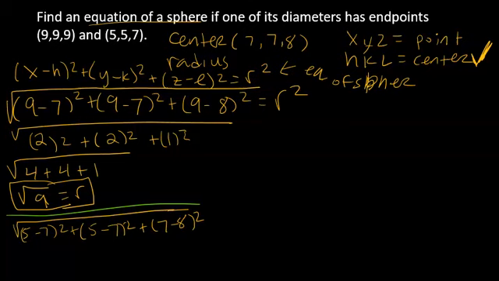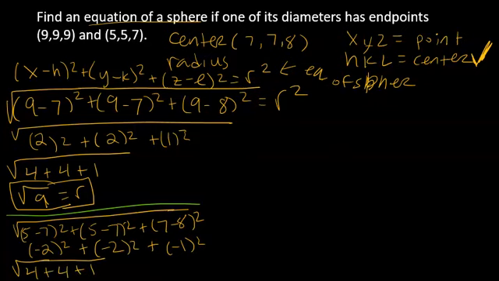So I have the 5, 5, 7 endpoint and then the center I just established with the midpoint formula when I folded that piece of paper in half. And what does that give me? It gives me -2, square root of -2 again, and it gives me square root of -1, which gives me square root of 4 plus 4 plus 1, which again gives me square root of 9, right? That's my r.